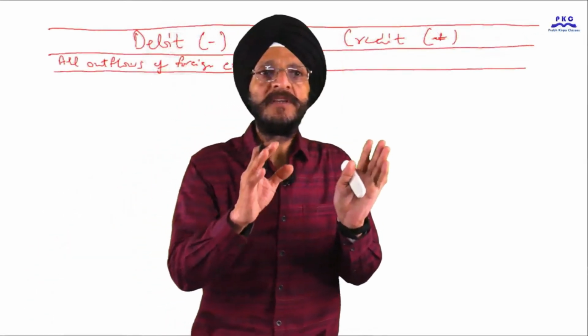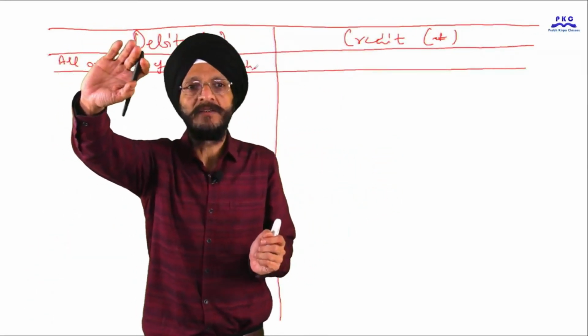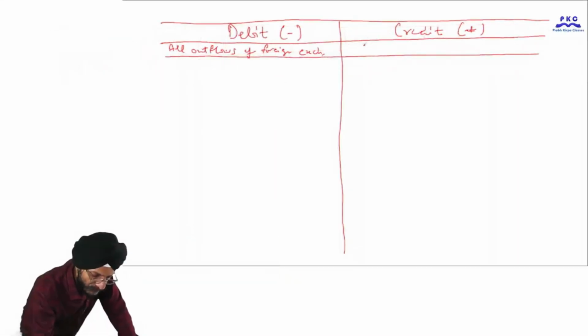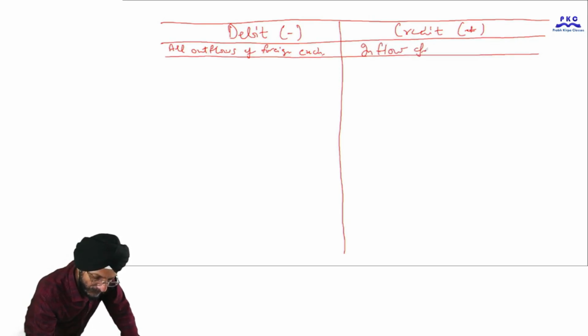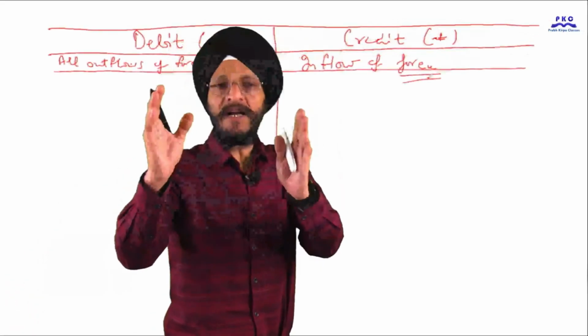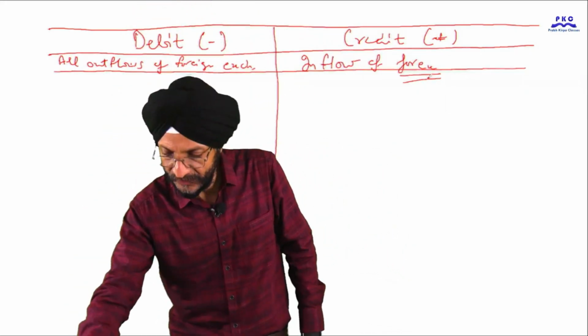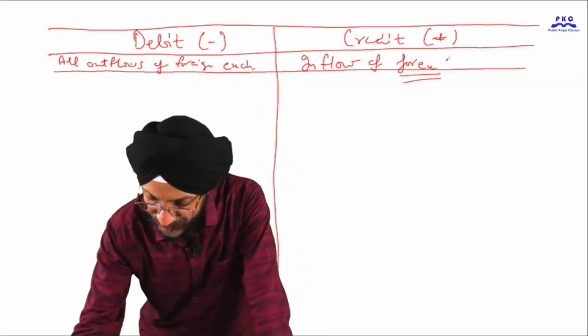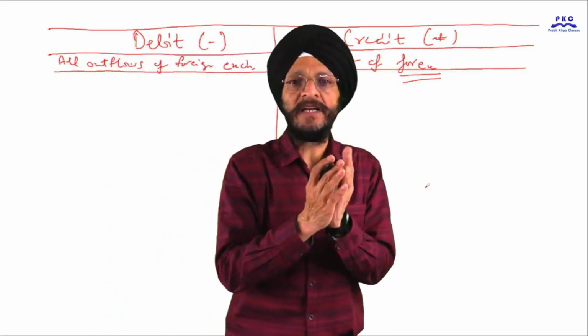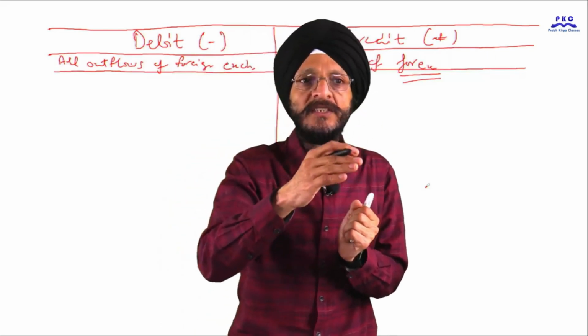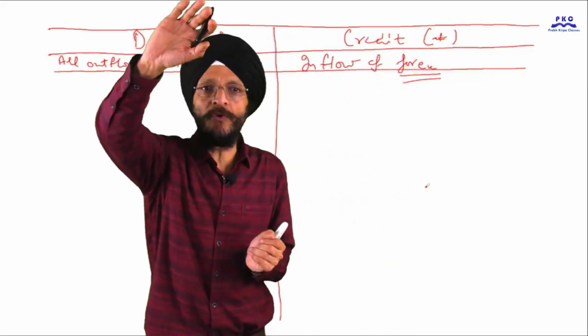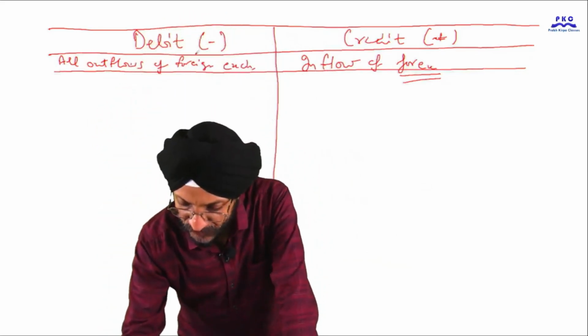All the items where there is inflow of forex, foreign exchange, all the items which result into inflow of foreign exchange are to be taken on the credit side, and all the transactions which result into the outflow of foreign exchange are to be taken on the debit side.